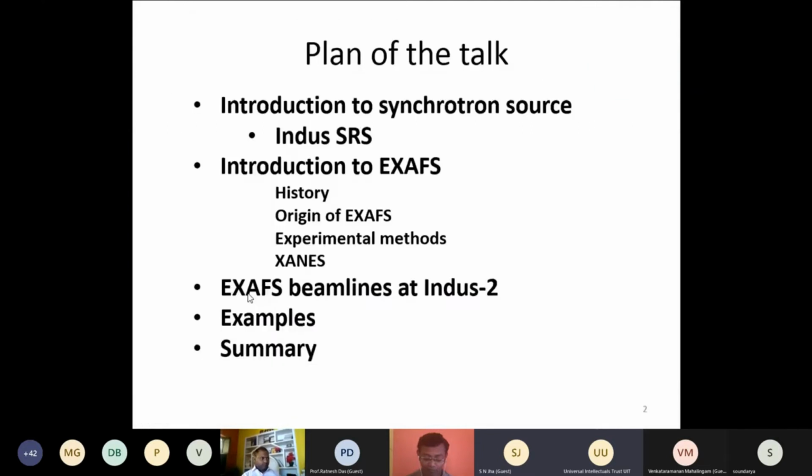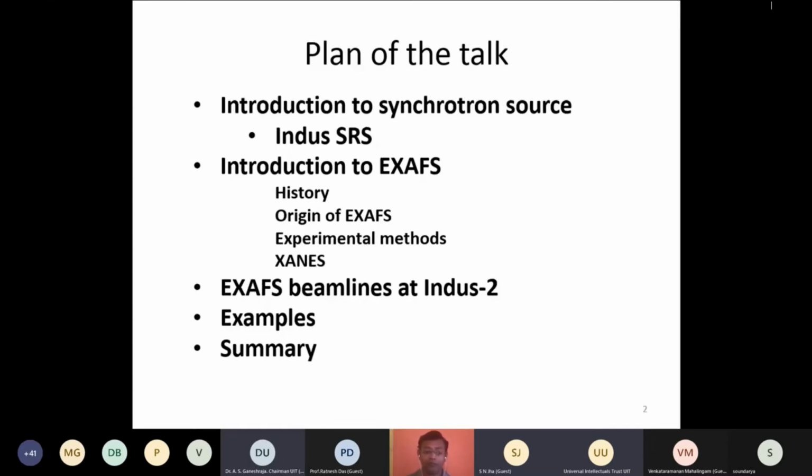This is the plan of the talk. I'll first introduce the synchrotron source, then give a glimpse of the Indian source, the Indus Synchrotron Radiation Source. Then I will come to the main topic: an introduction to the X-ray absorption fine structure technique with a brief history, the origin of EXAFS, and experimental methods.